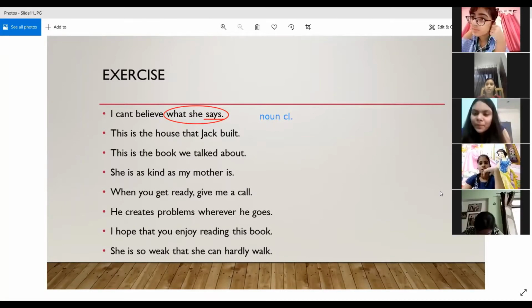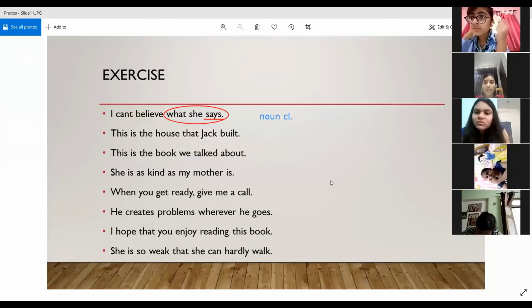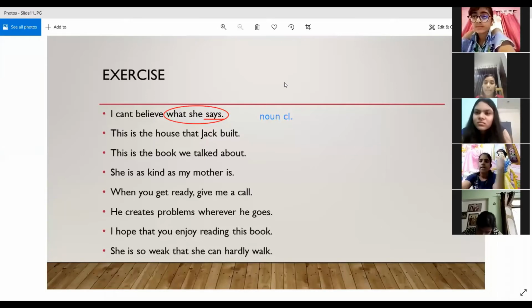Okay, Sandhya, now you can answer this one. That Jack built. Adjective clause. Why? Because the house belongs to Jack.